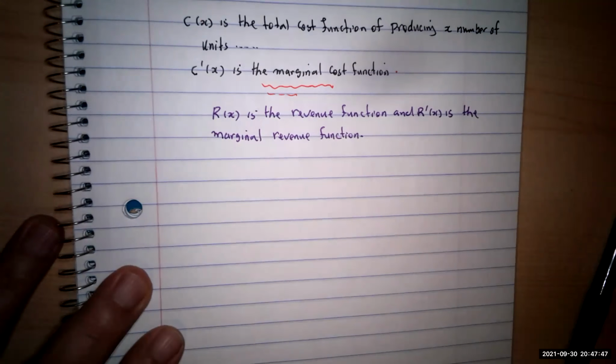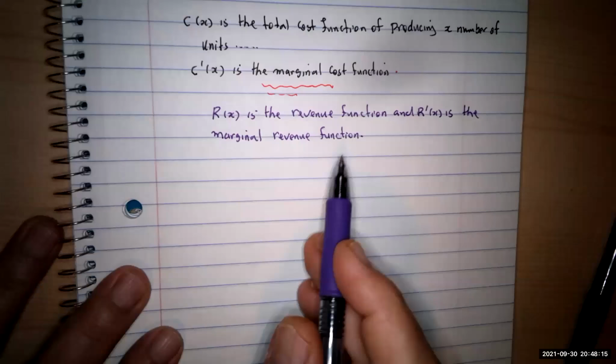Now, in order to get the revenue function, X is going to be number of the items. So for example, if you have, let's say 5 cell phone, and if the price, if you sell each cell phone for something like $200, so if you want to get your revenue, is going to be the 5 times the 200. So that gives you the revenue function.